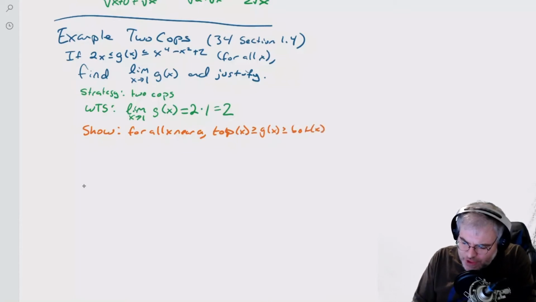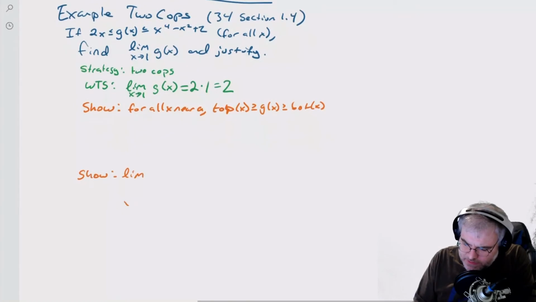And I have to show that the limit as x goes to, what is the limit as x goes to 1? So I need to put a 1 here. Limit as x goes to 1 of top of x equals the limit as x goes to 1 of bot of x.